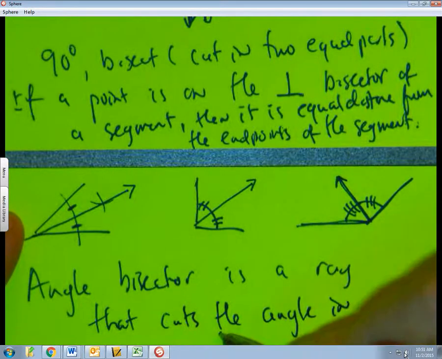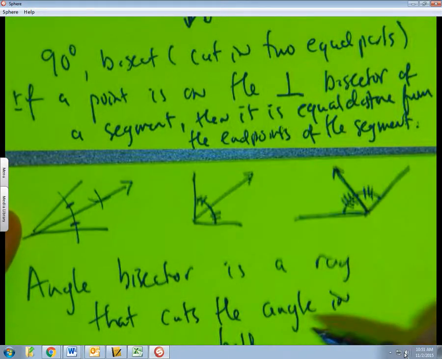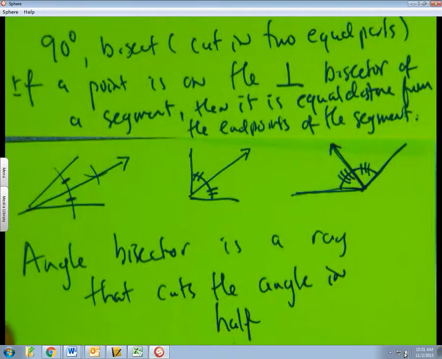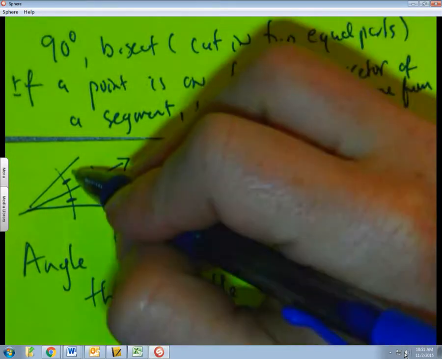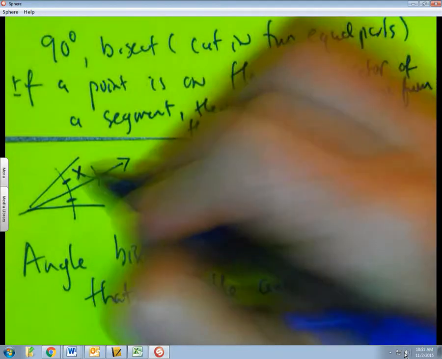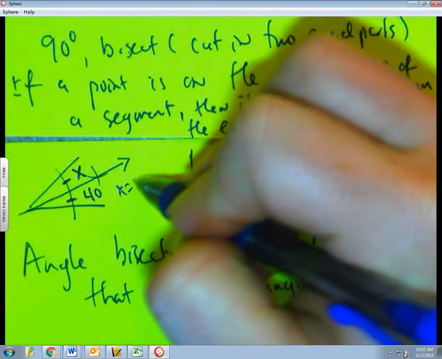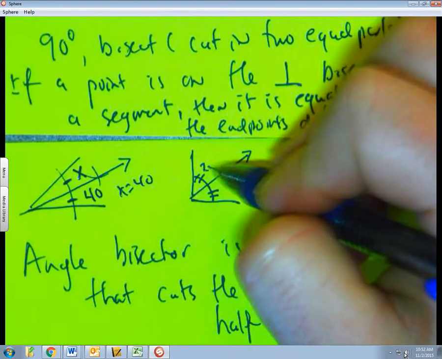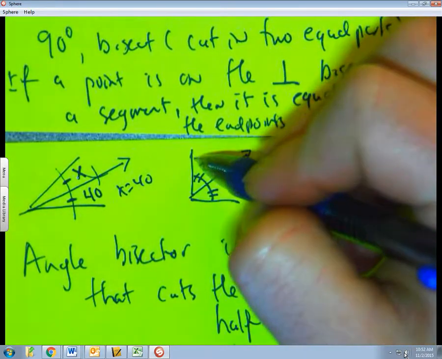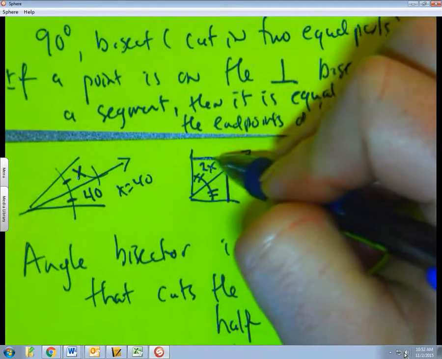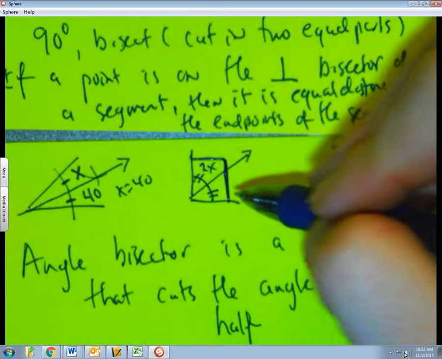Okay, so what you're going to quickly see is that, if this is x and this is 40, then x is 40. If this is 2x and say the whole thing here is 90, okay, then 2x would be 45, x would be 22.5.